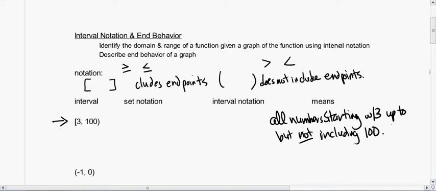So 4 is in there, 50 and a half is in there, -1 is not, 100 is not, but 99.9999999 is.